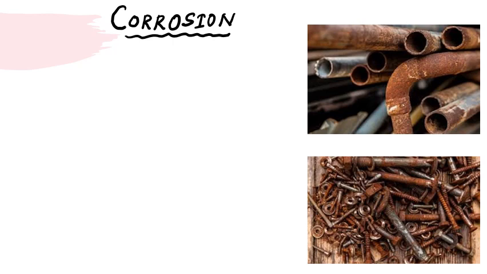Let's see how the chemical reaction will take place. Iron will react with oxygen and water and will form an oxide of iron which is Fe2O3 along with water. This is called rust, which is hydrated iron oxide.